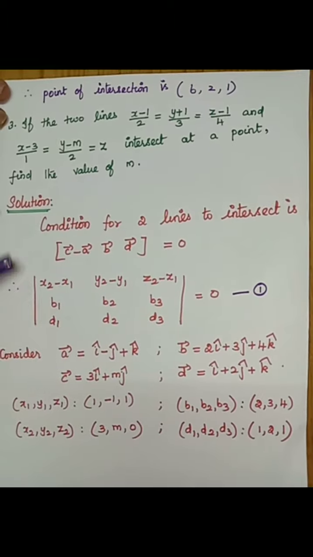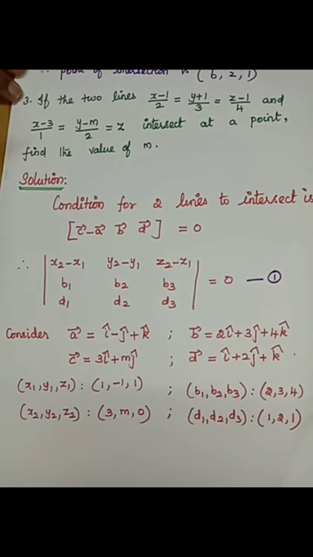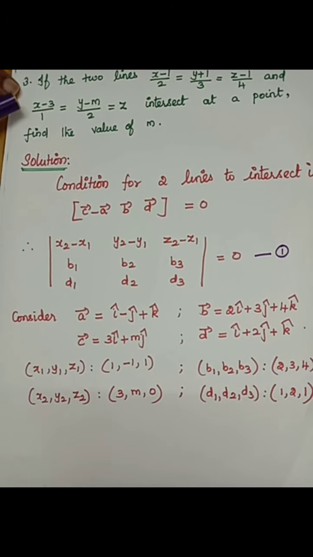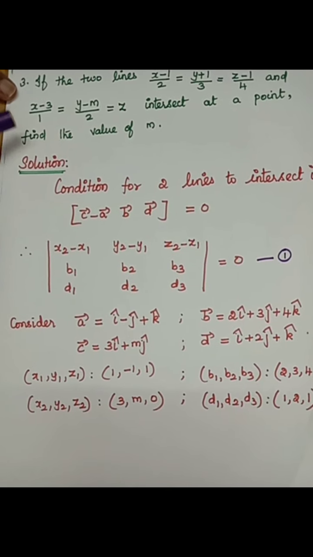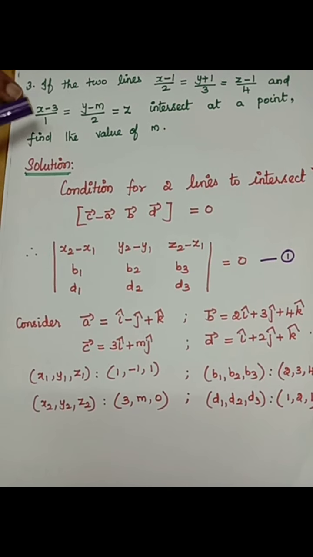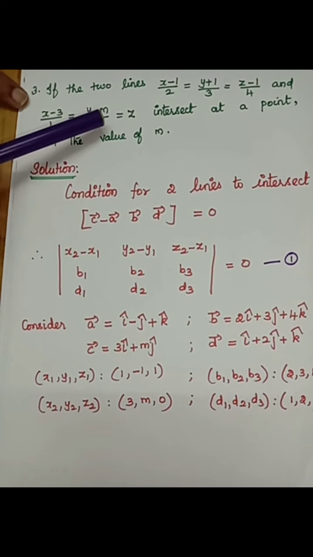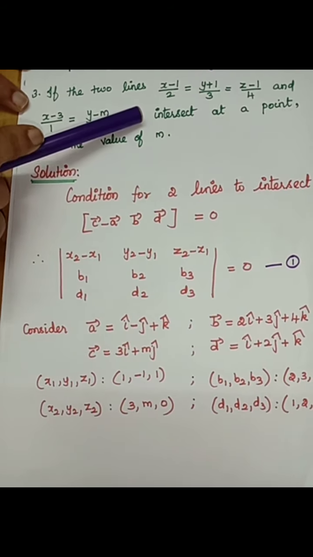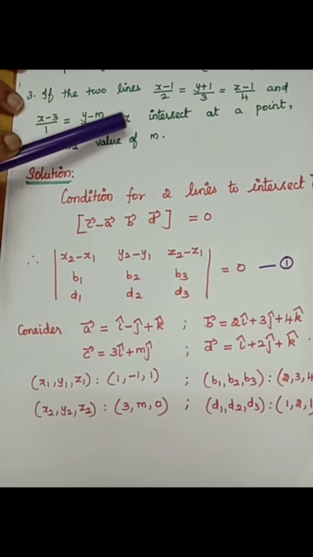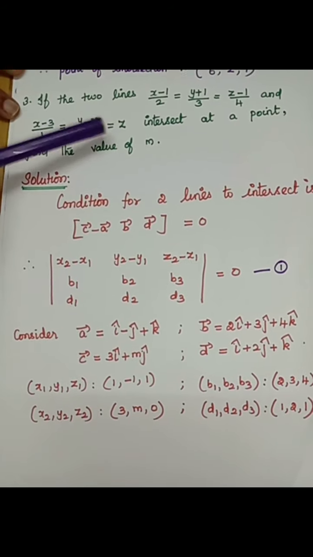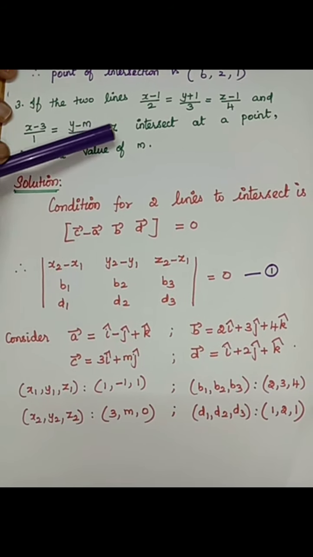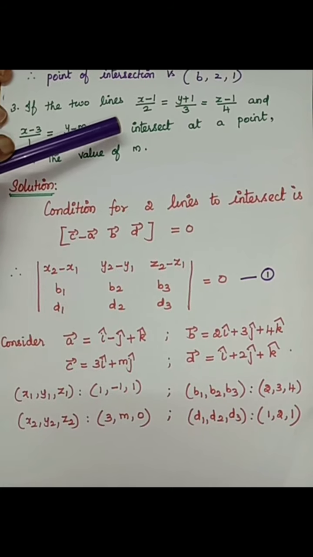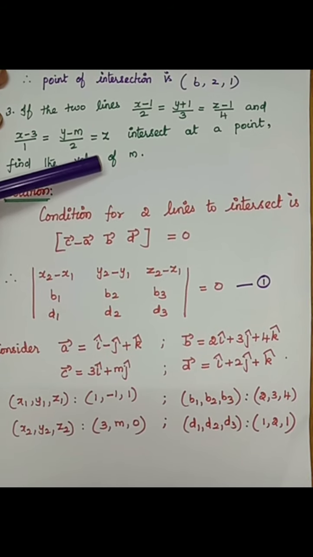Okay, come to the second line. You check whether it is in the correct form. After checking that, you have to see the numerator and the points are 3, m, and here it is 0. Okay, z only is here. It is equal to z, so the z can be written as (z minus 0)/1.